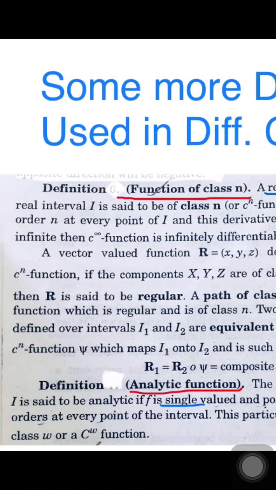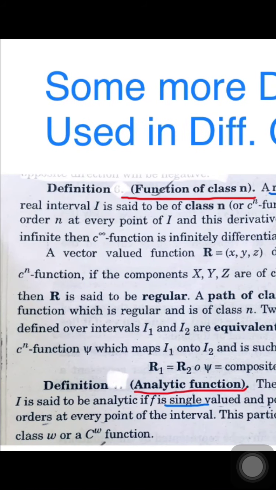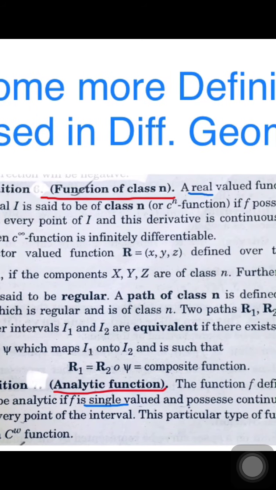If n is taken as infinite, then the Cn function is infinitely differentiable. So the order n may be infinite also.